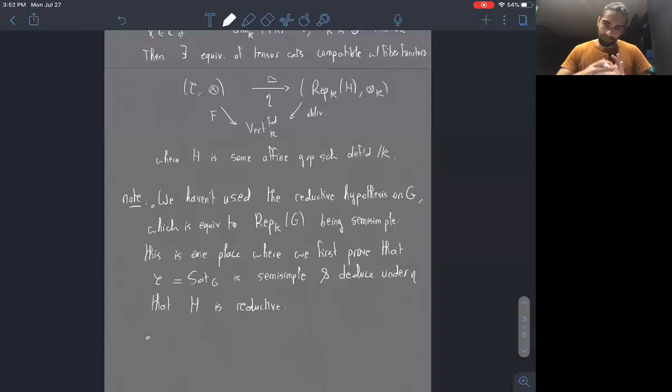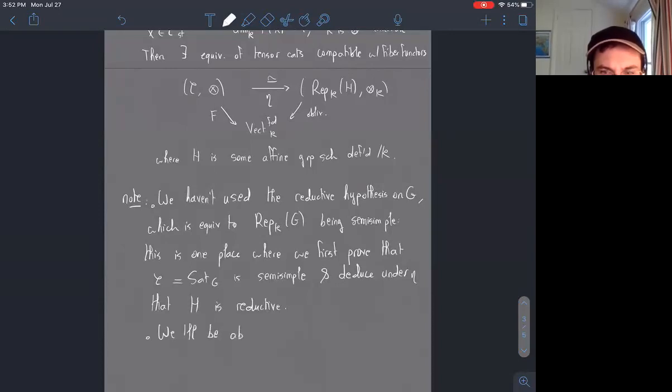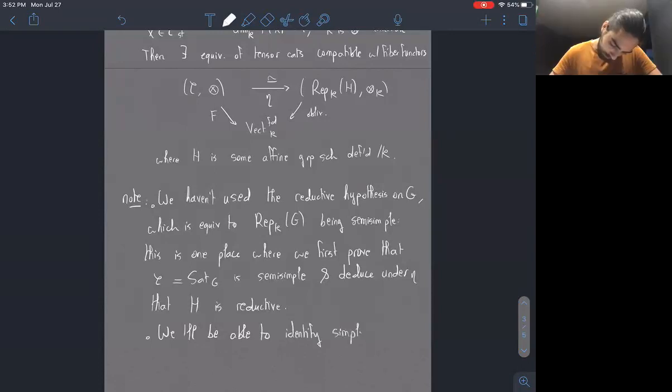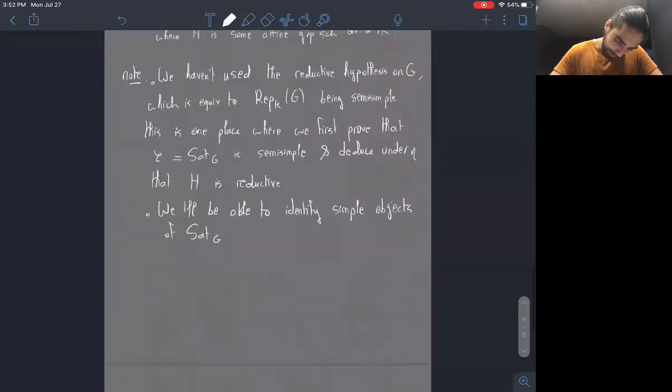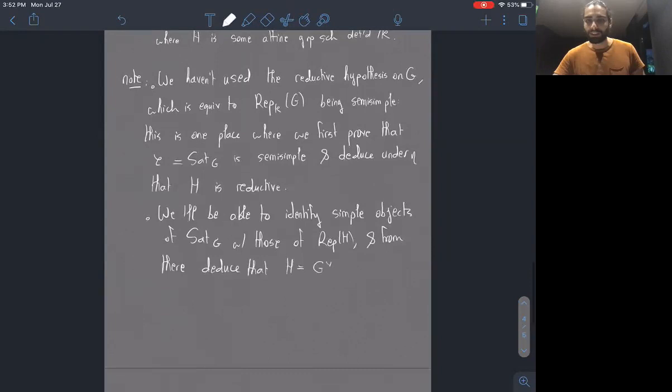And the second information flow we'll exploit is we'll be able to identify the simple objects of the Satake category with those of Rep H, and from there deduce that H is actually the Langlands dual of G, under general considerations of classifying reductive algebraic groups by their root data.